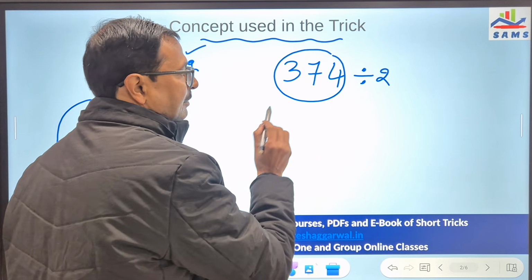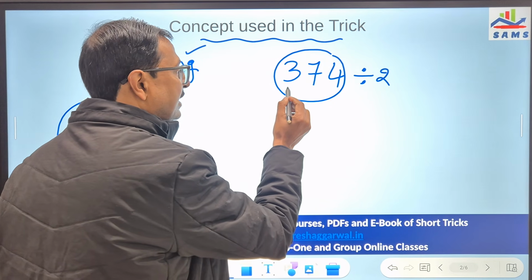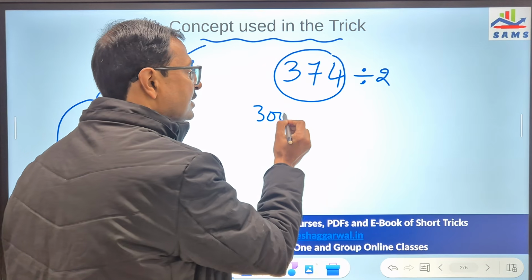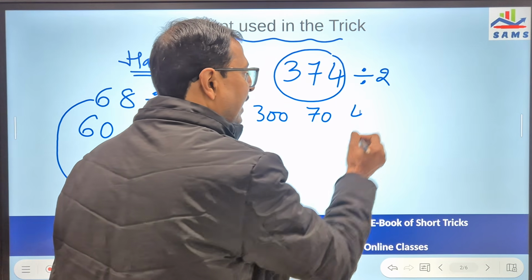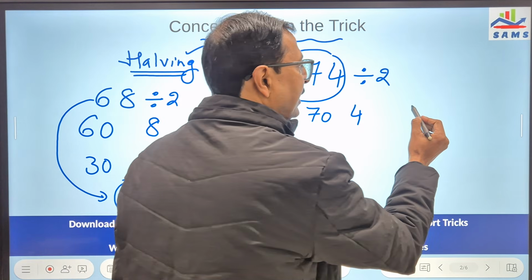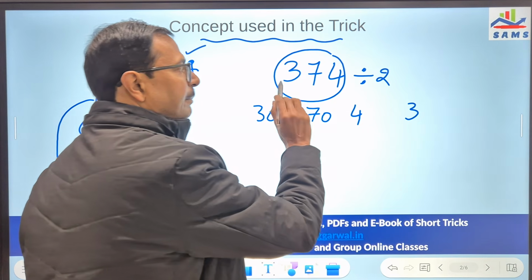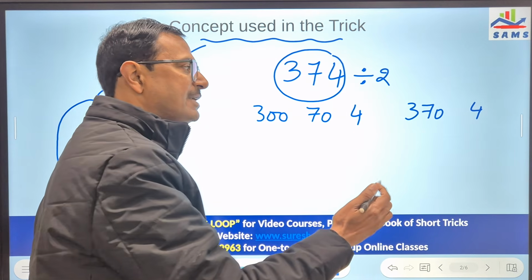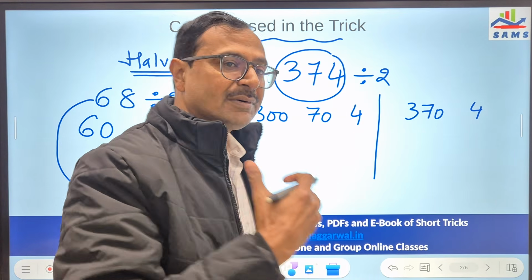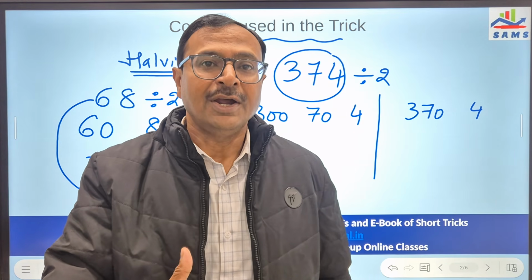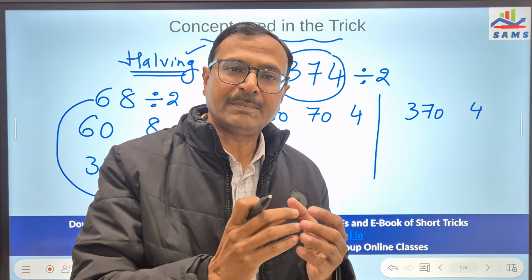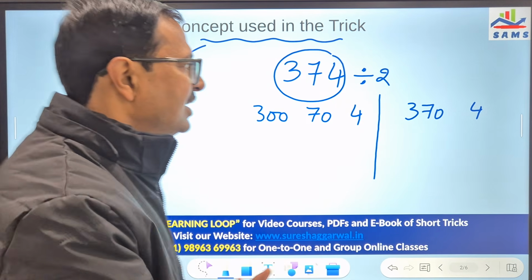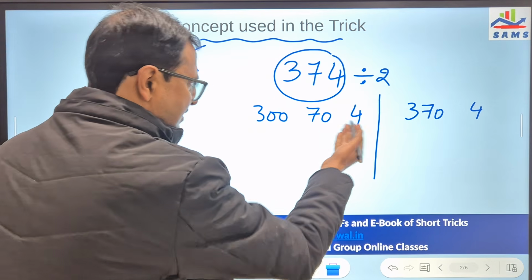How do you break this number? Some people will break it like this, or some other people may break it another way. So it all depends on what amount of practice you have put in to master this skill of halving the numbers. So for me, I'll go with the basics.